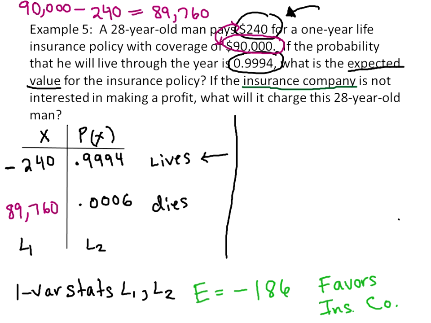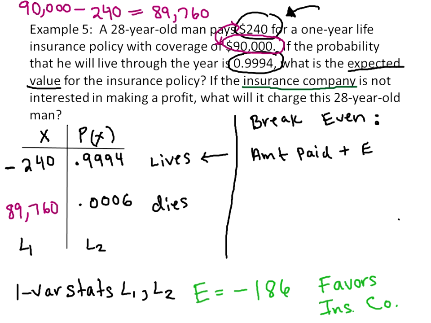Now here's a quick way of figuring out how much less they should charge. So to break even, how much should they charge? You're going to take the amount paid and you're going to add the expected value to that.